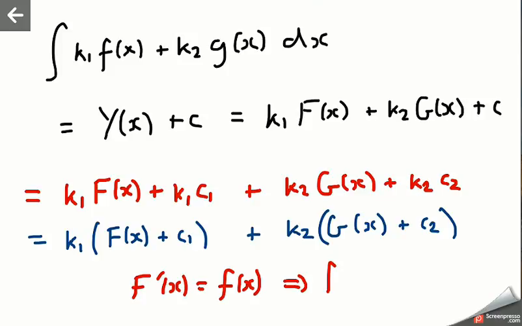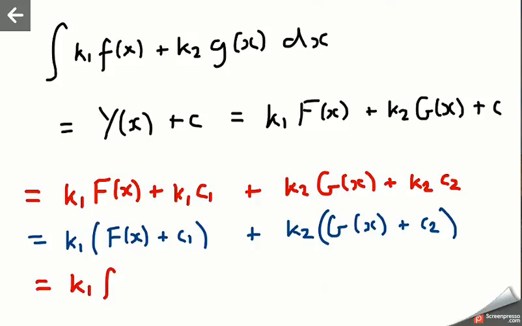That tells us that the antiderivative of little f of x dx is equal to big F of x plus some arbitrary constant c1. So what we actually have here is k1 times the antiderivative of little f of x dx plus, and for exactly the same reason, since big G prime of x is equal to little g of x, it turns out that the antiderivative of little g of x must be big G of x plus some arbitrary constant c2.